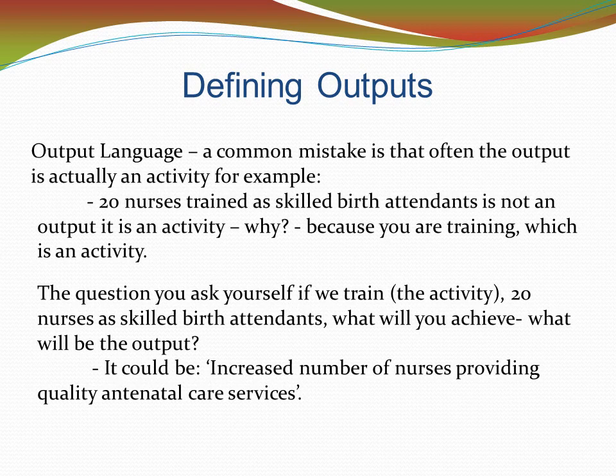The question you ask yourself, if we train, which is an activity, 20 nurses as skilled birth attendants, what will you achieve? What will be achieved? What will be the output of the training? It could be increased number of nurses providing quality antenatal care services, or increased number of women attending antenatal care. You need to be clear what output you require from your activity.